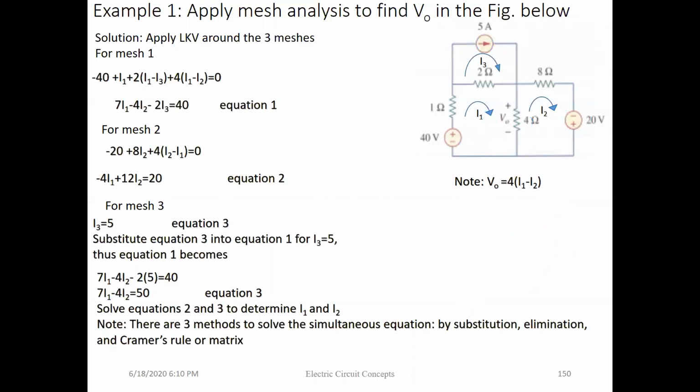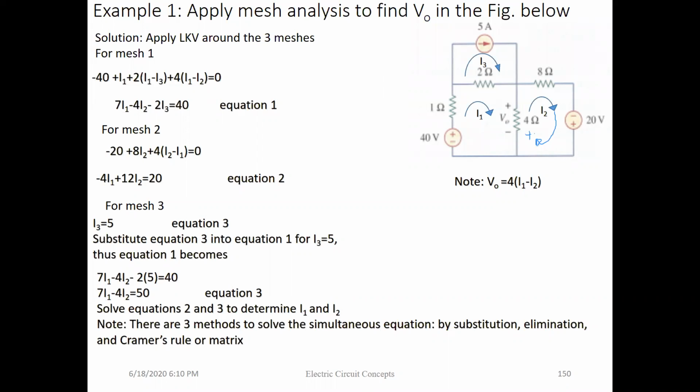If I switch the polarity of V0 to make it a plus and a minus, then because I2 is hitting the plus, I2 has to be positive, and I1 is going to be the negative because it's hitting the minus. So this is how you figure out which current starts first when we determine the voltage across the resistance.